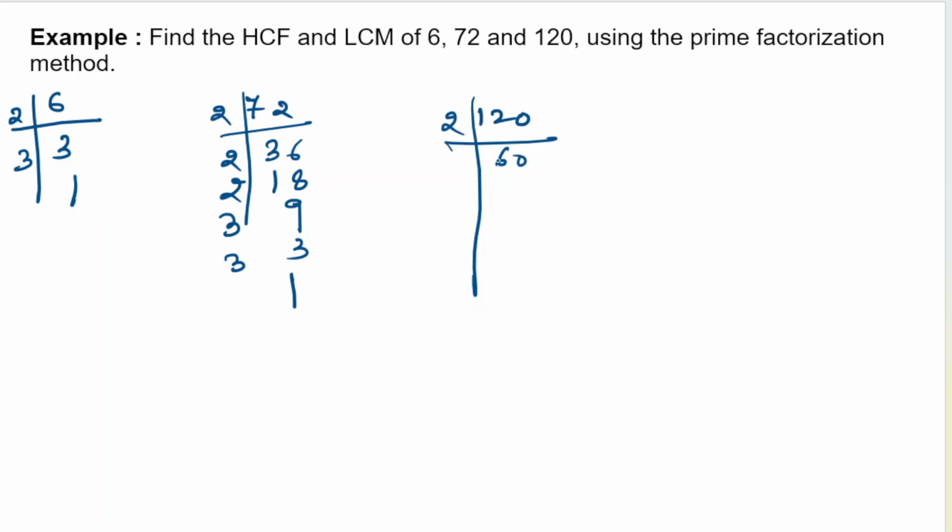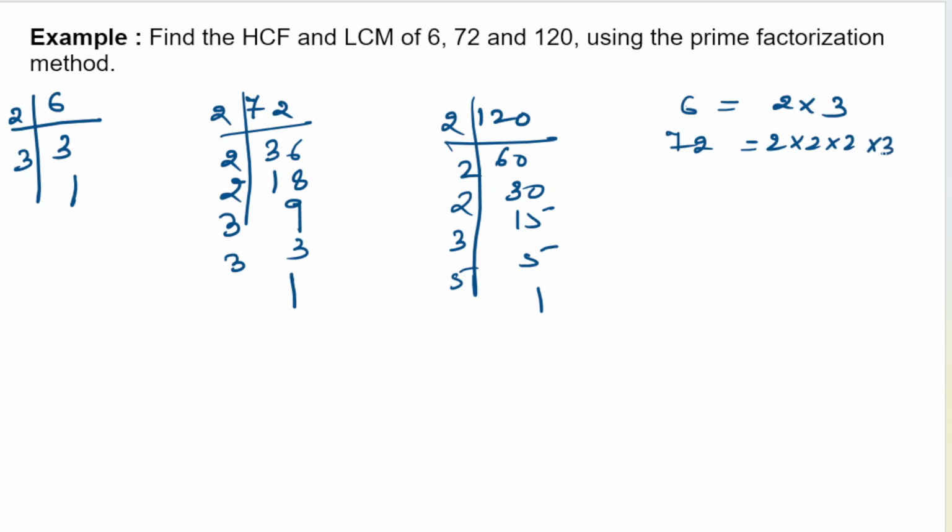Now we will write the prime factors like this. For 6, it is 2 into 3. For 72, it is 2 into 2 into 2 into 3 into 3. And for 120, it is 2 into 2 into 2 into 3 into 5.